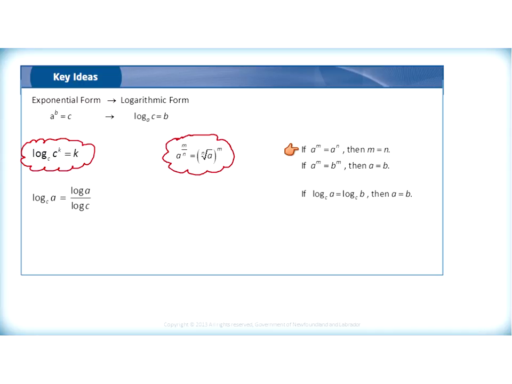Therefore, m is equal to n. Similarly, if a to the m is equal to b to the m, so in this case the exponents are equal, we realize that the bases must be equal. a must equal b. As well, if the log of a to base c is equal to the log of b to base c, then a must equal b.